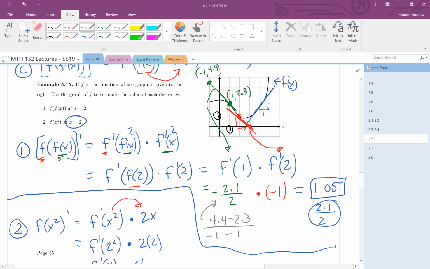Looks like we go over 1 and up about 1.4 maybe. If I'm thinking about using the point here for 2 and the point there 5, 3.4.